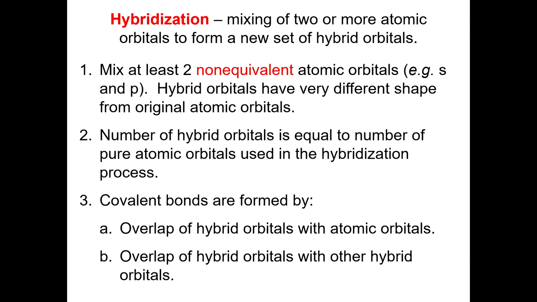It's from the hybrid orbitals. And of course, the hybrid orbitals are from the atomic orbitals, right? So we can overlap hybrid orbitals with atomic orbitals from another atom, or overlap hybrid orbitals with other hybrid orbitals. So this is about the hybridization theory.